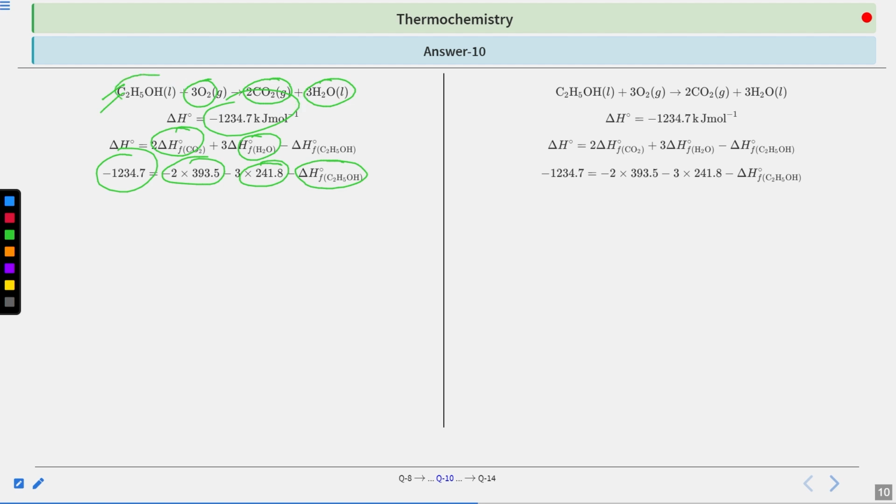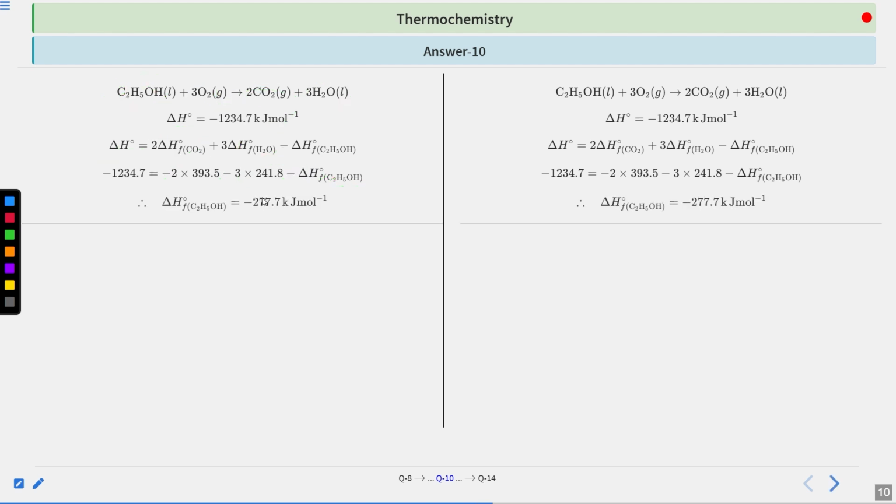We have only the formation of C2H5OH, and that is what we have to get. The enthalpy of reaction is already given, which is the enthalpy of combustion. You put this here and just rearrange the simple linear equation to get your final answer. Your final answer should be minus 277.7 kilojoule per mole. No issues with this question.